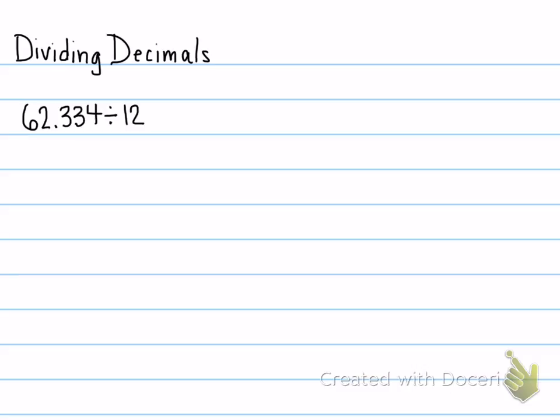So if you look at this example, 62 and 334 thousandths divided by 12, let's think about how we're going to solve this problem. So we're going to put the 62 and 334 thousandths inside the division symbol, and we're dividing by 12.